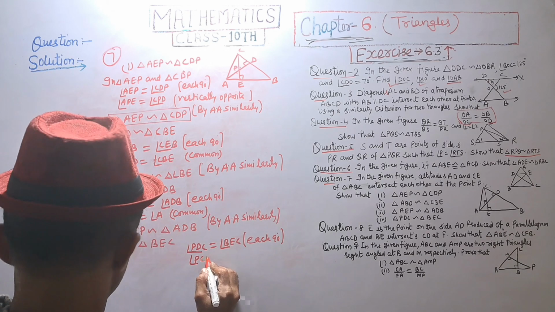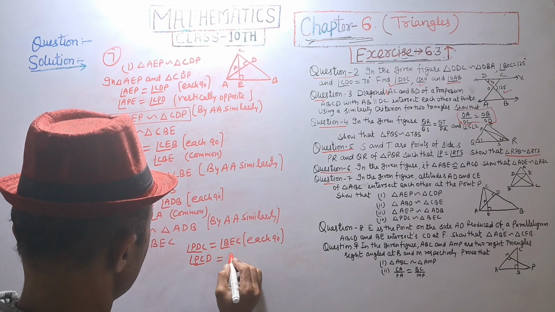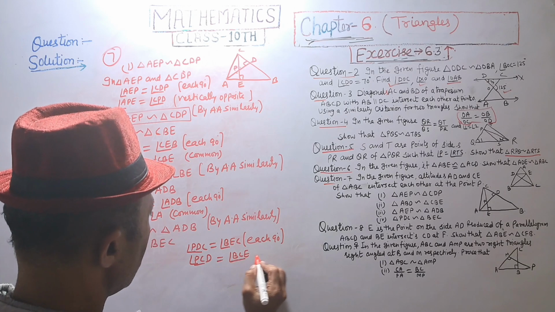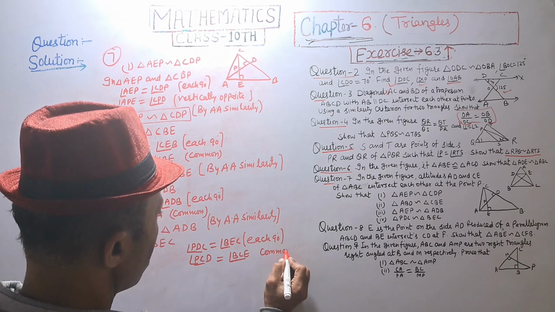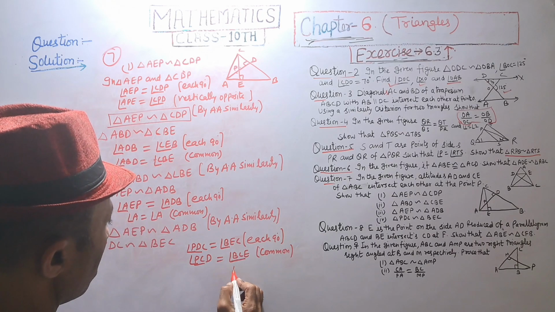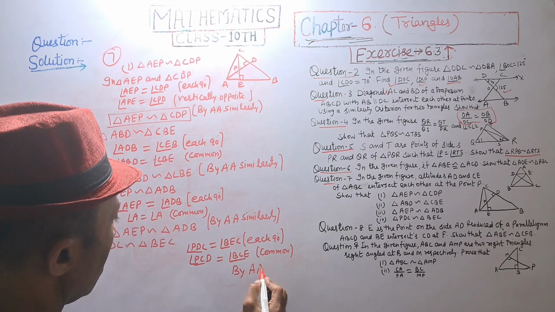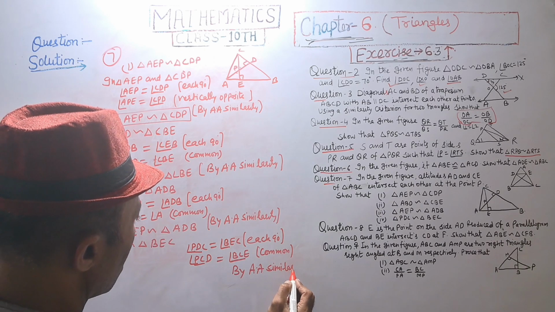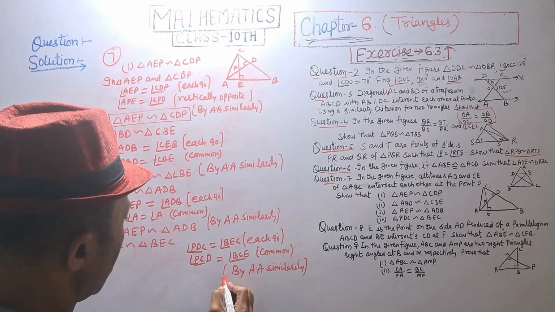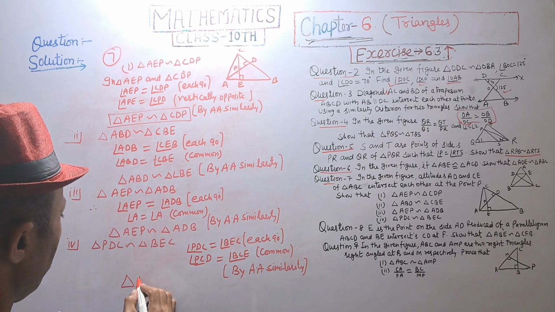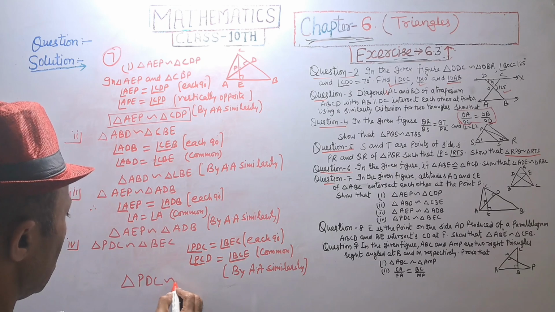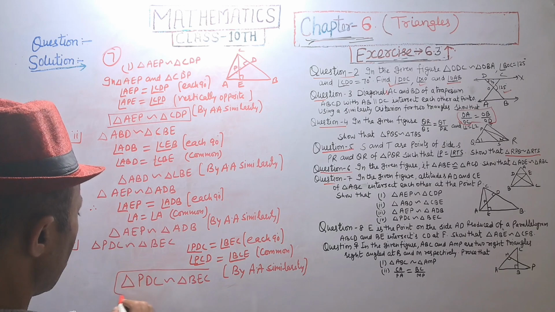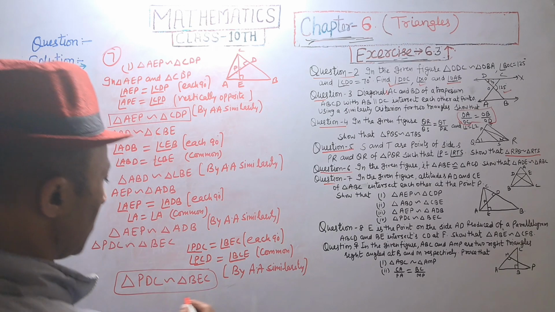Angle PCD is equal to angle BCE, common. By angle similarity, we get triangle PDC is similar to triangle BEC. Hence proved.